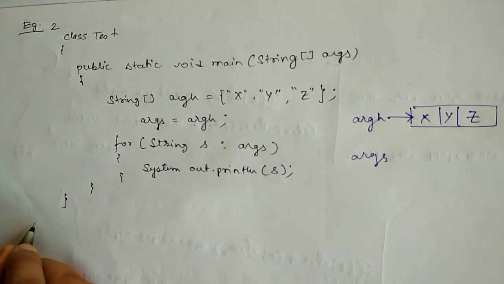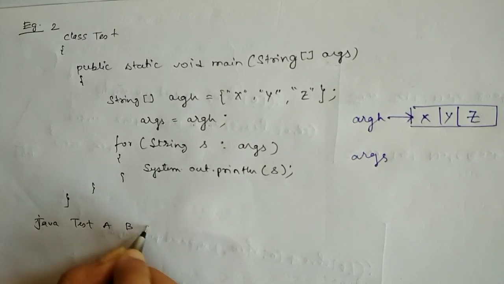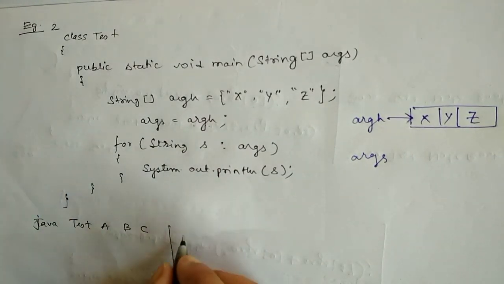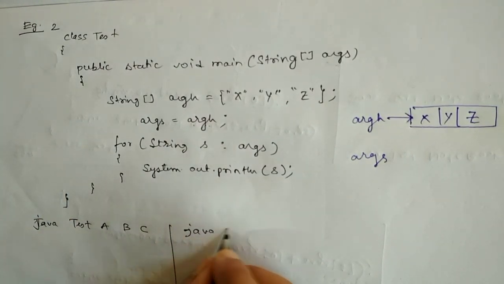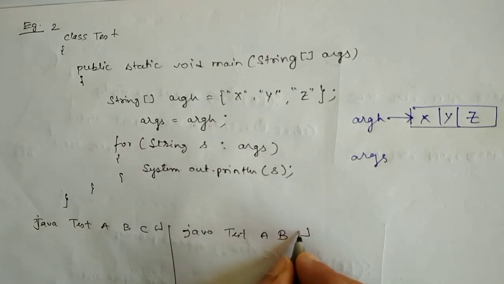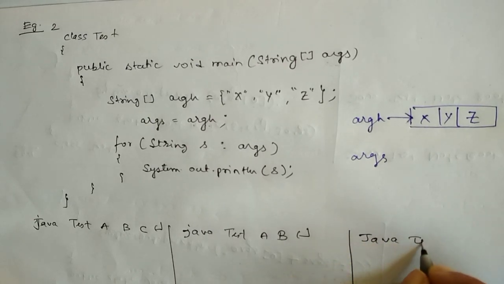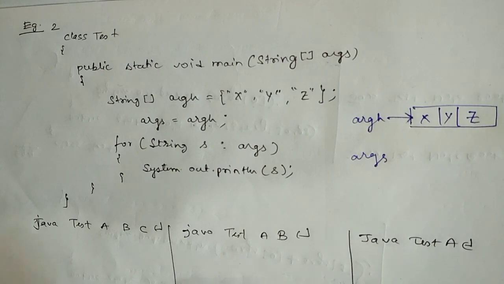Suppose we run this file as java test abc. The second case is java test ab. The third case is java test a.